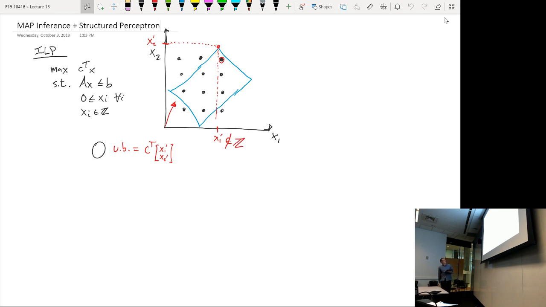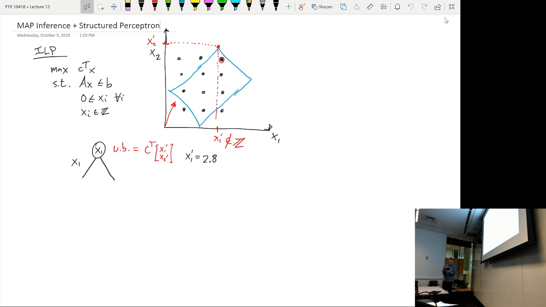And so what we might do is say, well, for that reason, we're going to branch on the variable x1. And we're going to look at two possibilities. So if we said that, say, x1 prime is equal to 2.8, then branching on that variable corresponds to dividing into two subproblems.